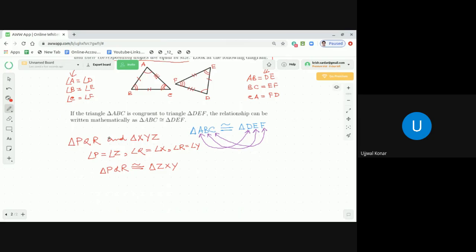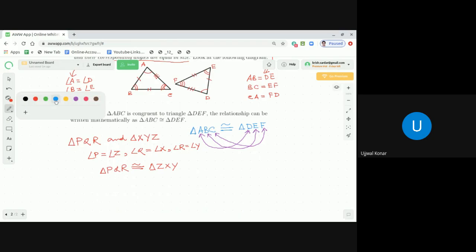And angle R in the triangle PQR is equal to angle Y in the triangle XYZ. Then, how are we going to write the congruency? If we write the left-hand side PQR, then P is equal to which angle of the triangle? Yes, sir. Got it, right? Yes, P corresponds to Z.